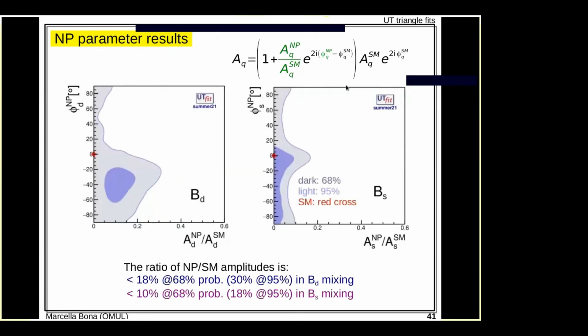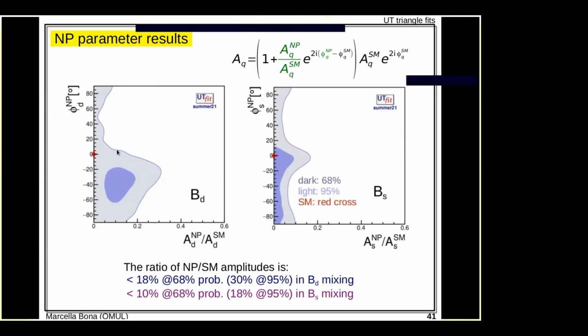We can also reparameterize this. I show here because it's also useful to visualize, reparameterize these new physics parameters in terms of the new physics phase, but here I show the ratio between the new physics phase and the standard model phase.